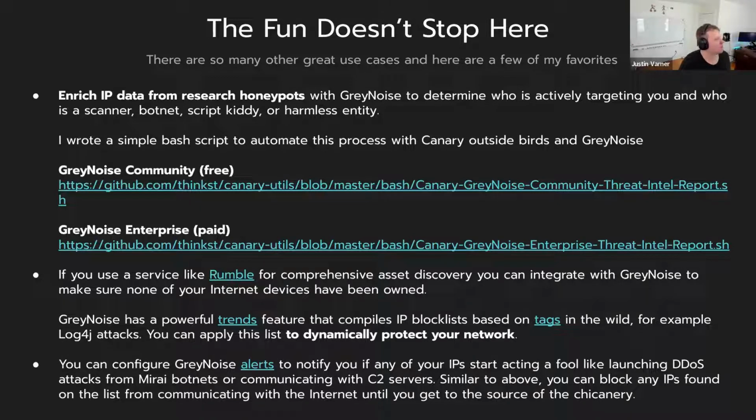One way that I've used this, and what I think got me involved in the community and in touch with the great team at GreyNoise, was that I wrote a very basic bash script. It's like 13 lines, but what it does is pull in the alerts from the Canary, and you can pull in every alert that's ever happened, or the paginated view of the last 100, or whatever is your preference.